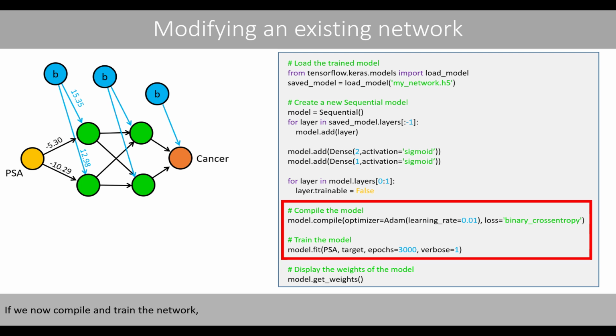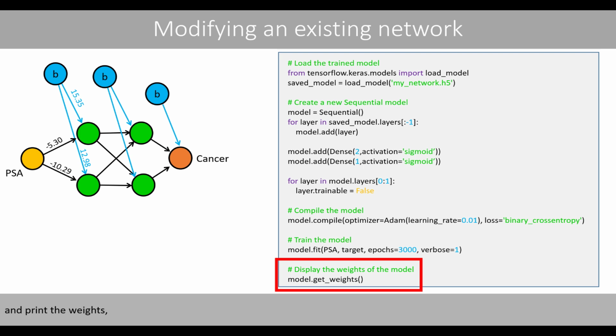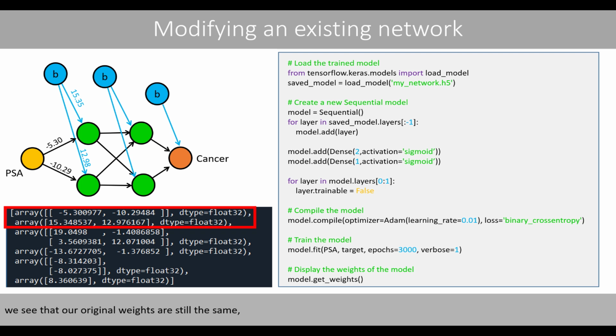If we now compile and train the network and print the weights, we see that our original weights are still the same, and that the network has optimized the other weights that are associated with the new layers.